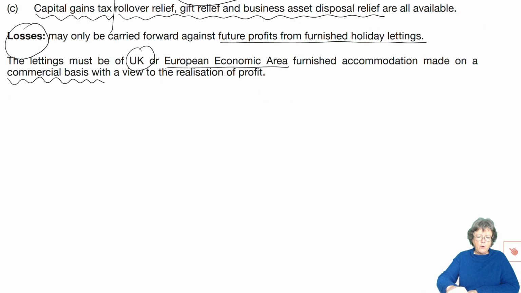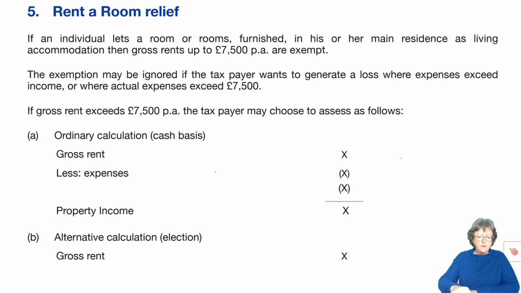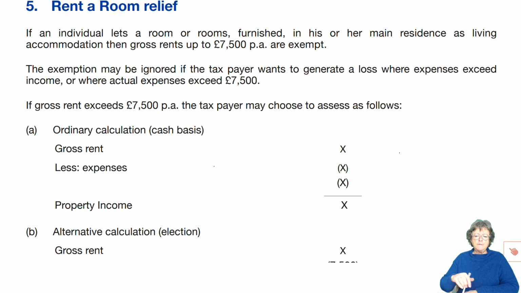Okay, one more aspect for income from property that we need to do is rent a room relief. So you are renting out one room in your house, you're still living there, and basically the first £7,500 is exempt. There are two methods of calculating the expense and the income.